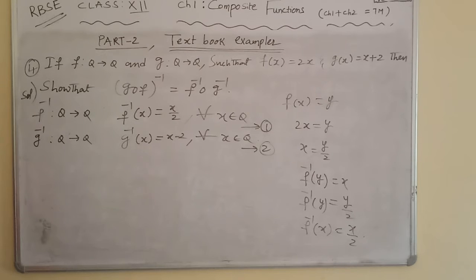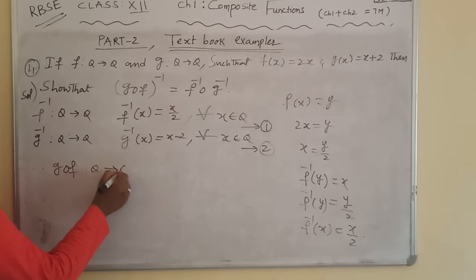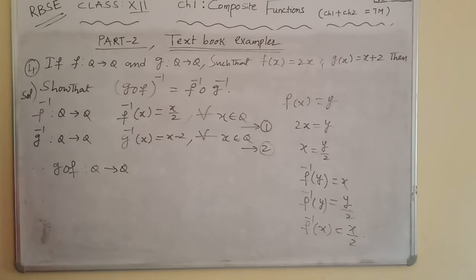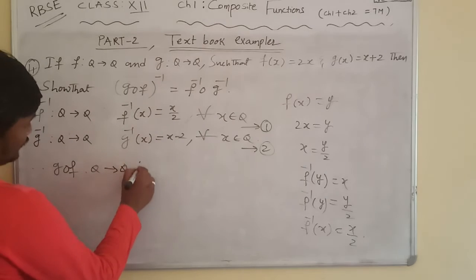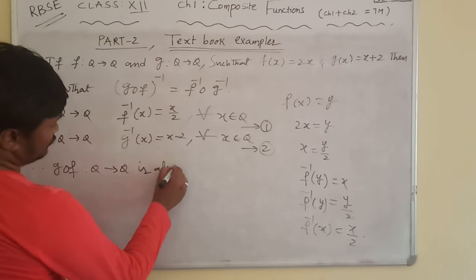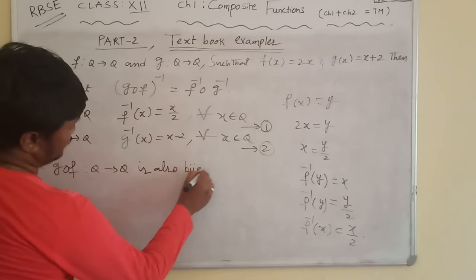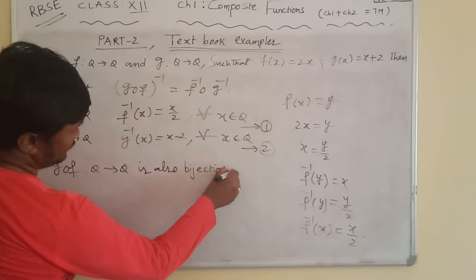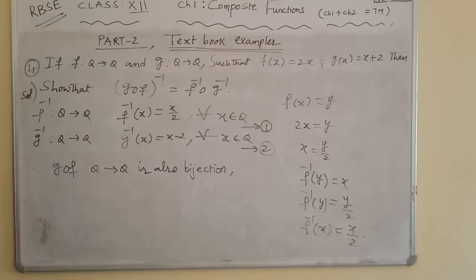So what I can write now here, therefore g circle f, such that Q to Q, is also a bijection, and its inverse is also a bijection. So what is its inverse?